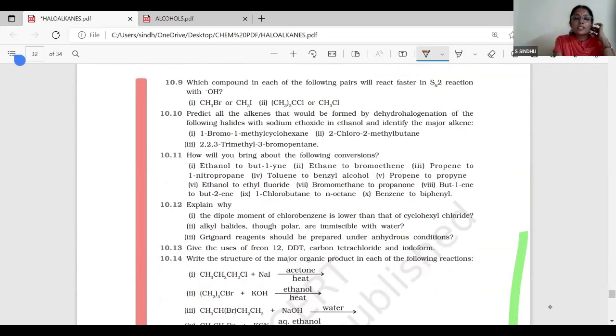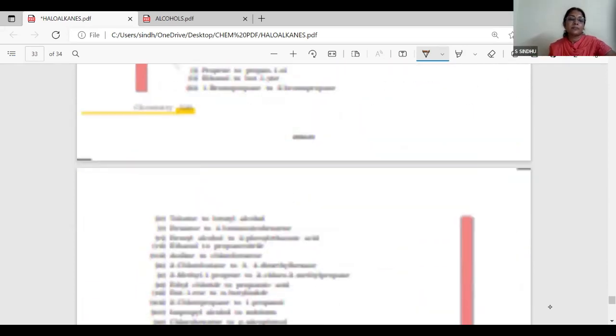Anything here, teachers, which it's fine, right? Ethanol to but-1-yne, we have to always go back to class 11, right? Alkyne. Ethanol to but-1-yne conversion. Here when we look in, how do you all go about the conversion? Ethanol to but-1-yne, same thing I think comes in here also.